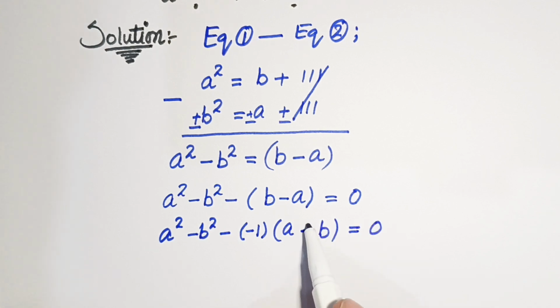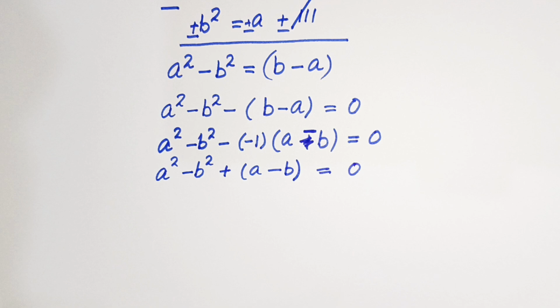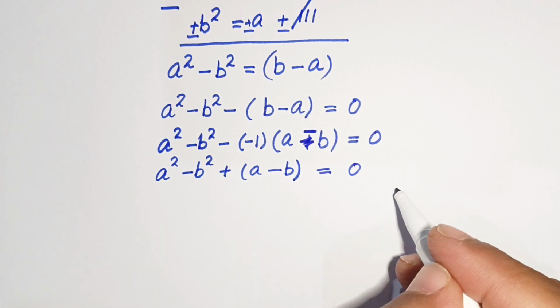Sorry, it is not plus, but it is a negative sign because we have taken this minus common, so it will be a minus b. Now here a squared minus b squared, and minus times minus is plus, so we get plus a minus b, is equal to 0. Now here a squared minus b squared is a nice algebraic formula.